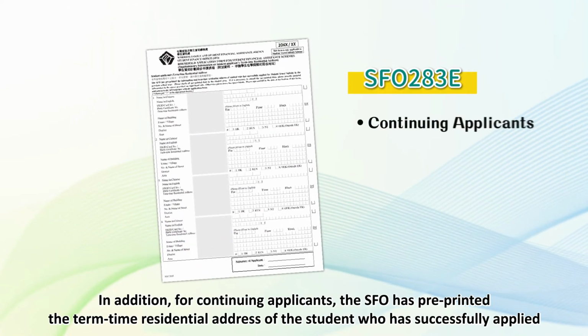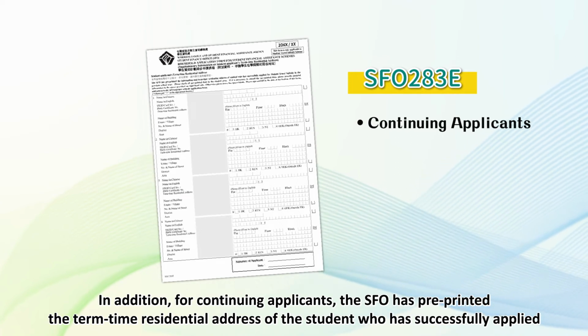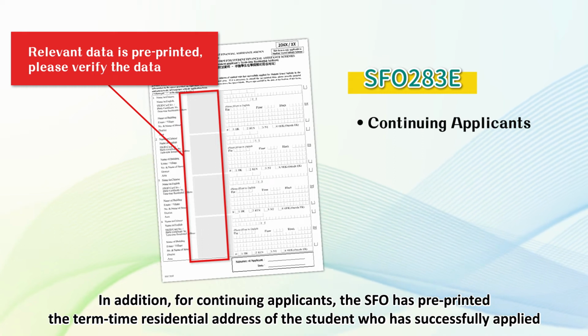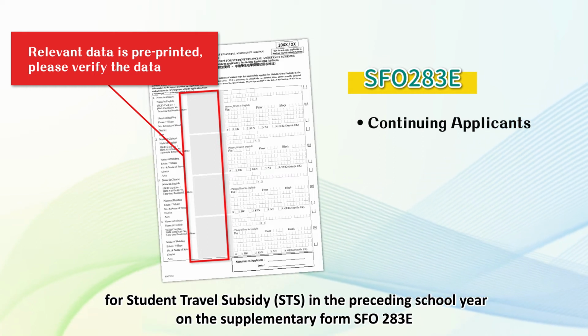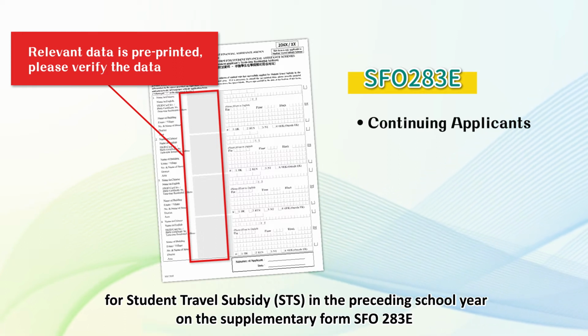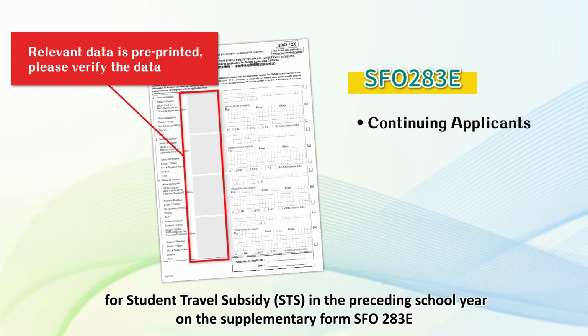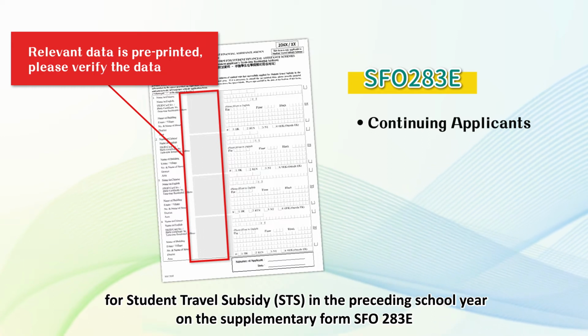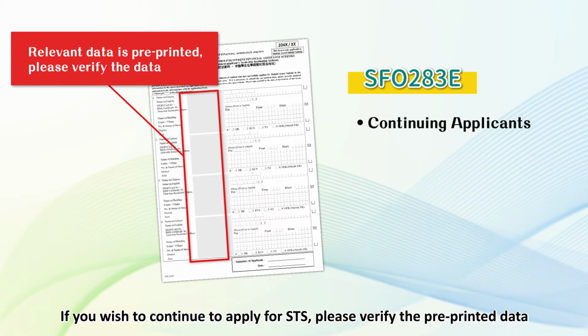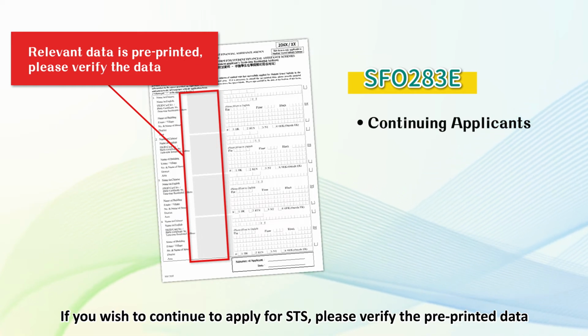In addition, for continuing applicants, the SFO has pre-printed the term time residential address of the student who has successfully applied for Student Travel Subsidy, STS, in the preceding school year on the supplementary form SFO 283E. If you wish to continue to apply for STS, please verify the pre-printed data.